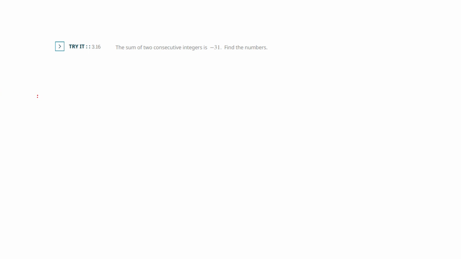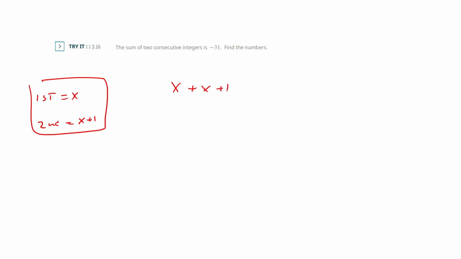Okay, do another one here. It's consecutive, so they have to still be that same dictionary. So I'm going to add those. Is negative 31. Okay, so 2x plus 1 after I clean the room. Divide by 2.